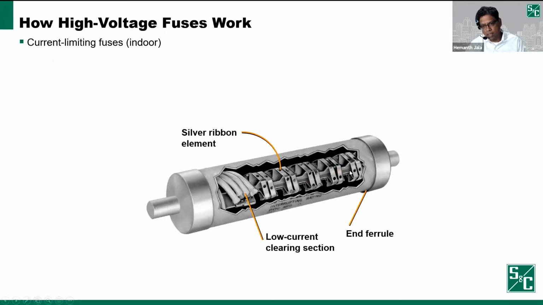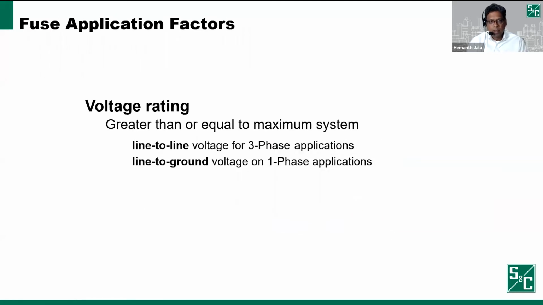So that's how the fault is interrupted in a current limiting fuse. A little bit different than an expulsion fuse. With an expulsion fuse, you've got gases being generated and there's movement. In the case of a current limiting fuse, there's no movement and there are no gases being generated, but there is a resistance being introduced into the fault current path.